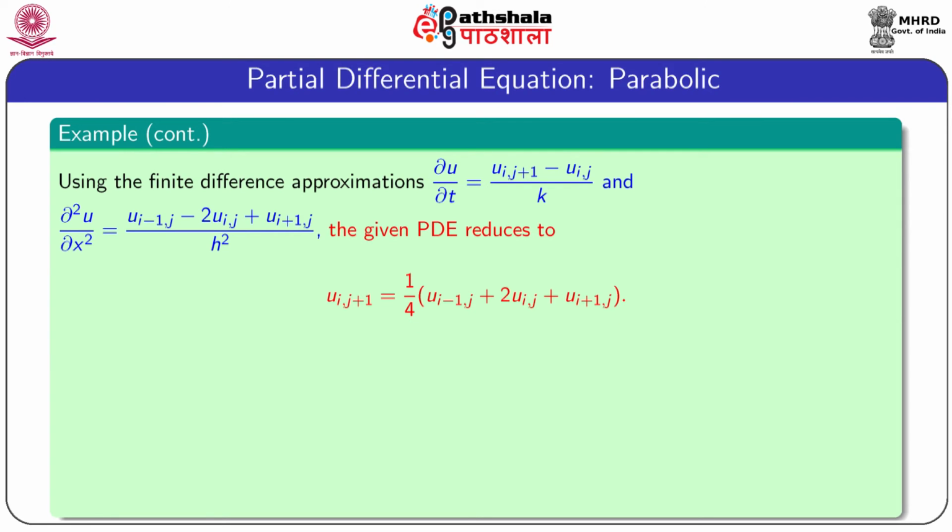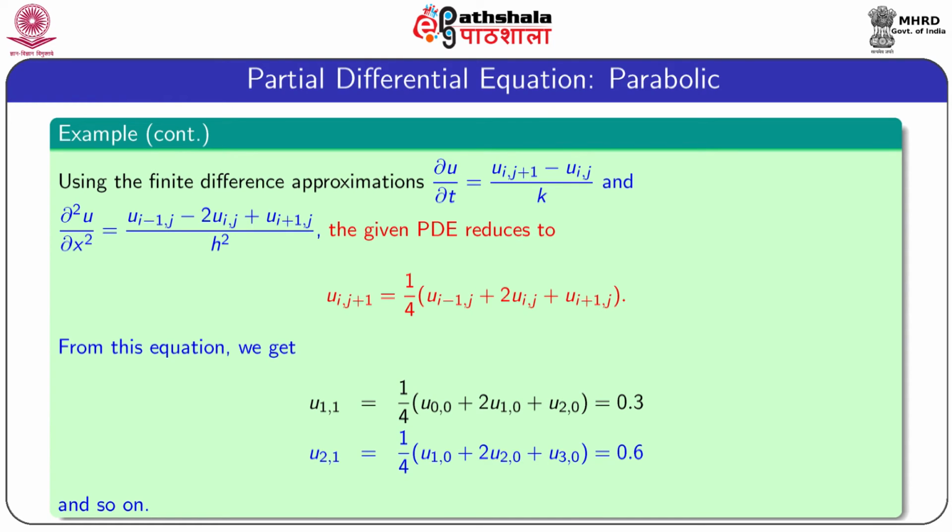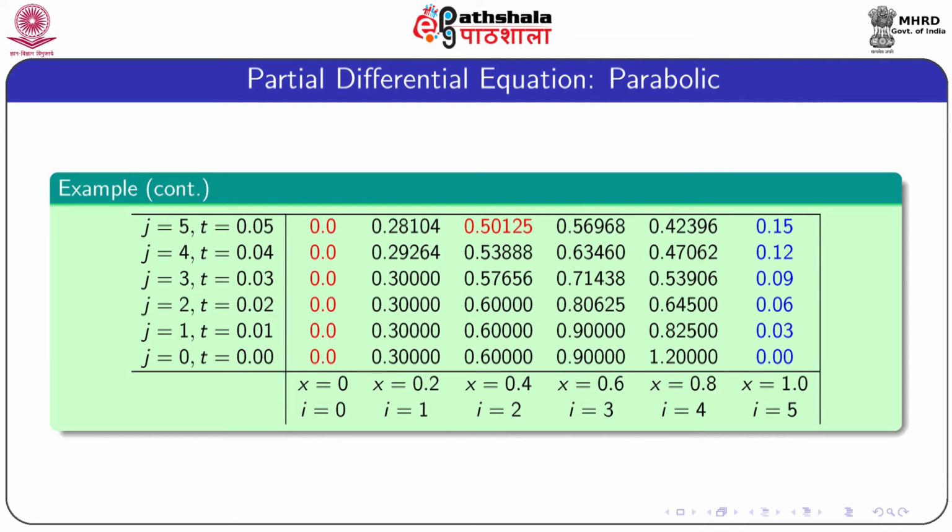So, this equation gives the values of u for different values of i and j. From this equation we get u11 equal to 0.3, u21 equal to 0.6 and so on. Using this technique we fill up the entire table. That means this table gives the values of u for different values of x and t.